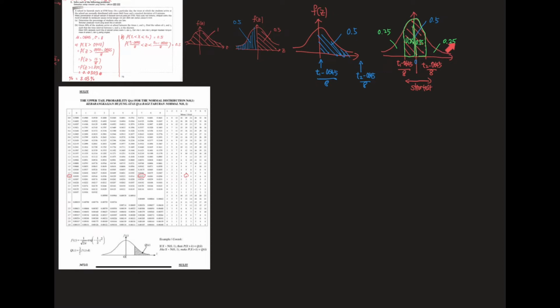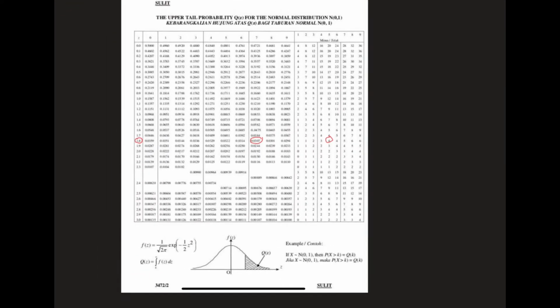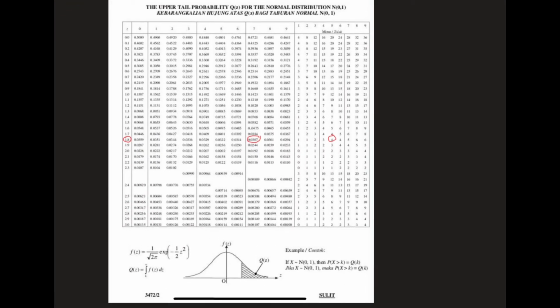So you have to refer to this value, which is the area on the right, 0.25. You use 0.25 to find the z-score, and that is something new. You use the probability to find the z-score over here. Okay, let's see how. Look at the table again.